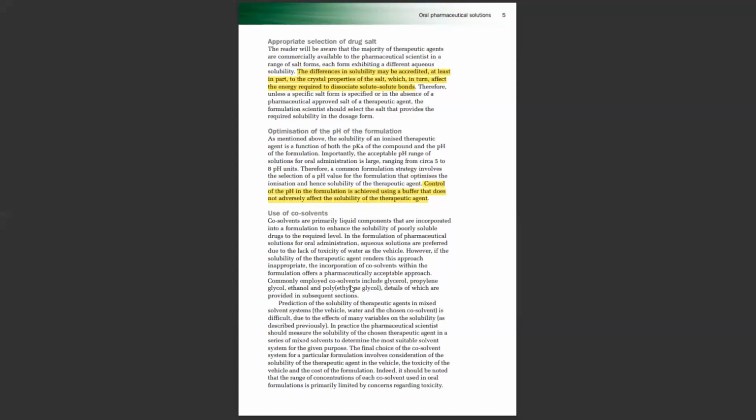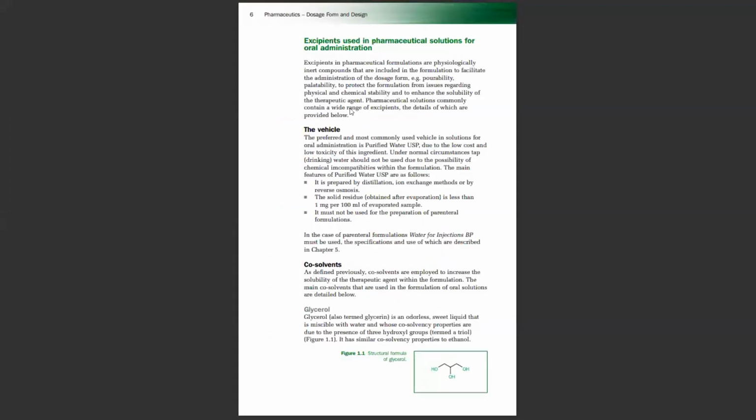Commonly used co-solvents include glycerol, propylene glycol, ethanol, most commonly used as well, and polyethylene glycol. Those are some of the parameters that you can use to improve solubility.